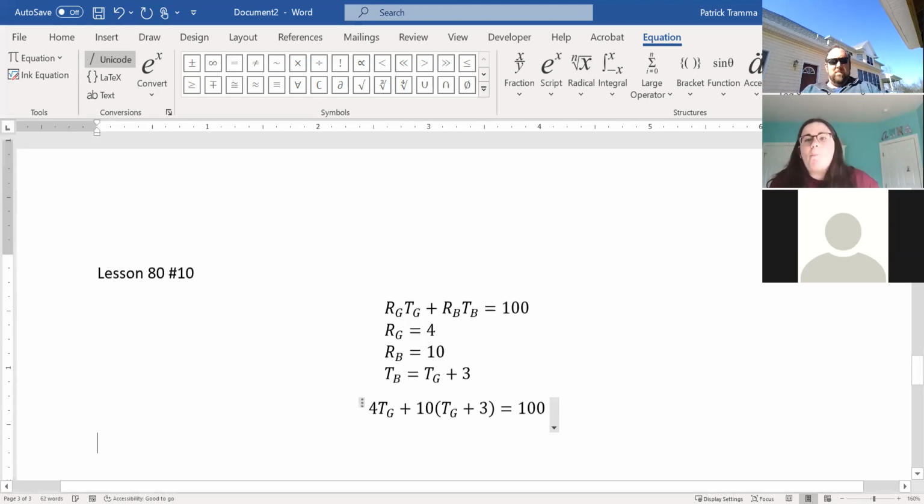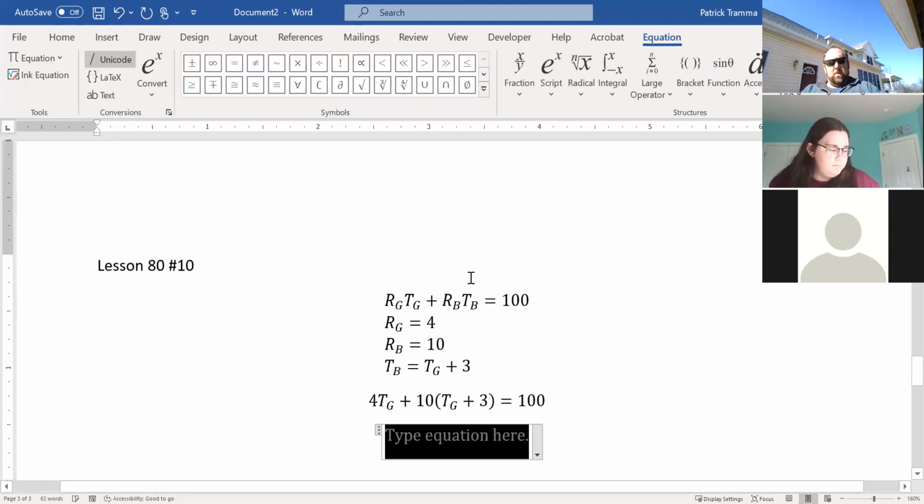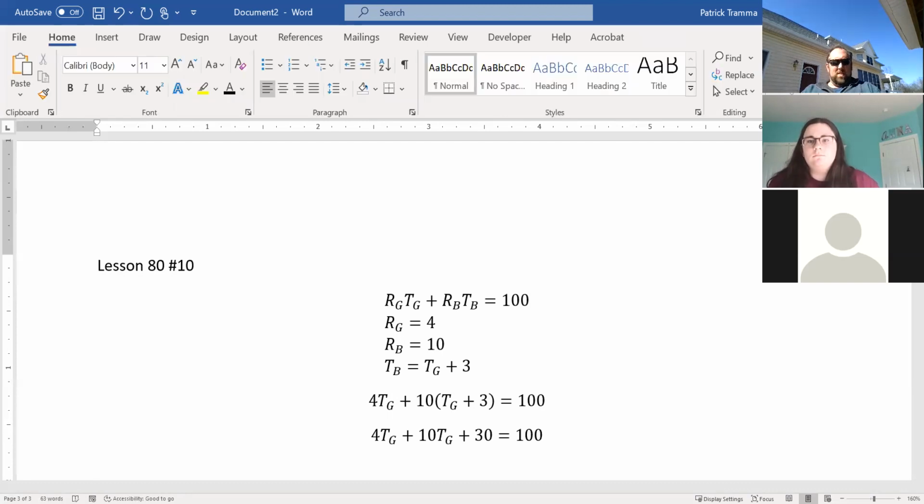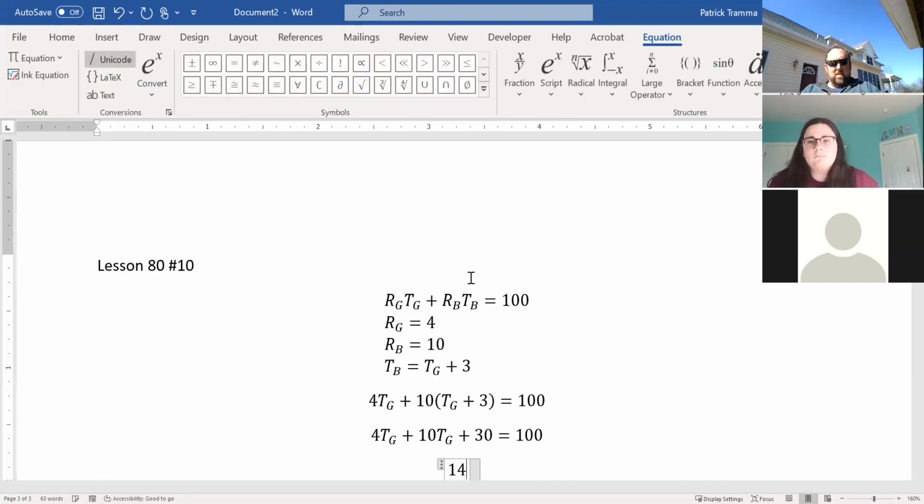Yep. Okay, so let's use the distributive property. 4 T sub G plus 10 T sub G plus 30 equals 100. So 4 plus 10 is 14. 14 T sub G equals 100 minus 30. Let's take 30 away from both sides.